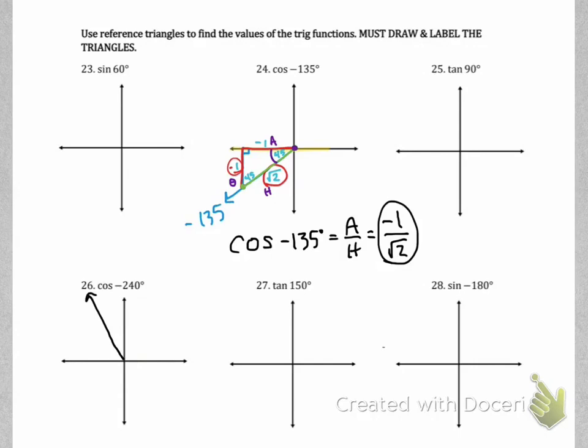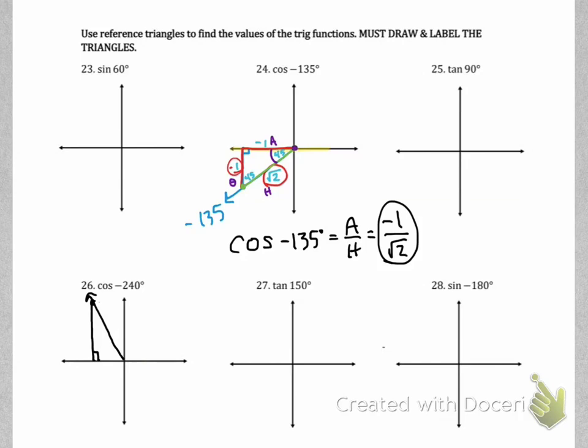And what is the measure from here to here? Well, if this is 180, then how much further did I have to go to get to 240? That's going to be important, because I'm going to have to draw a point on my ray and drop it perpendicular to the x-axis.